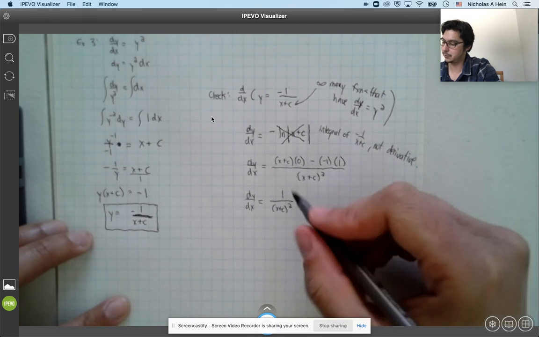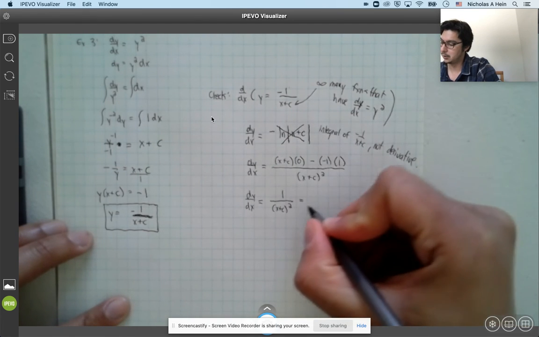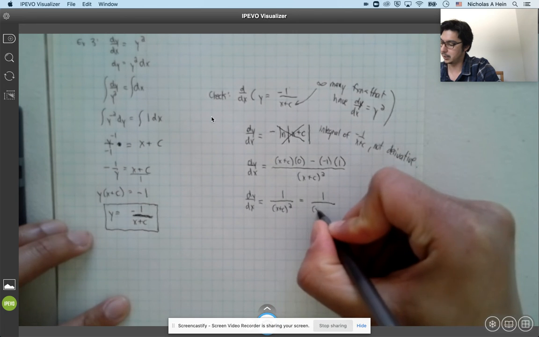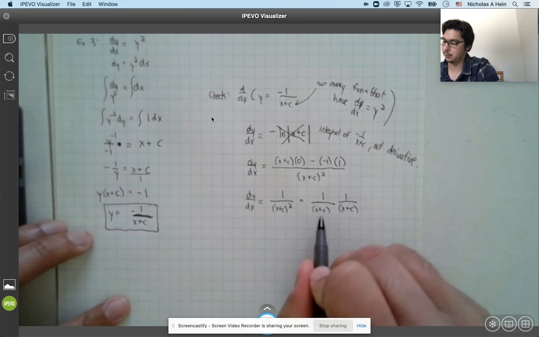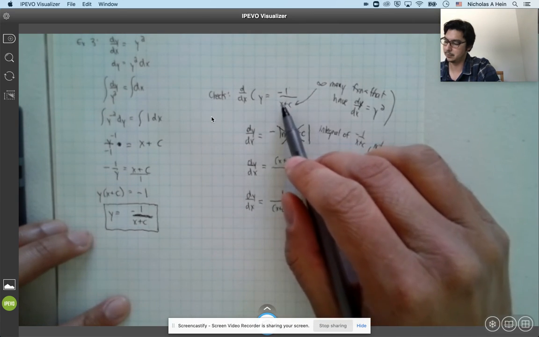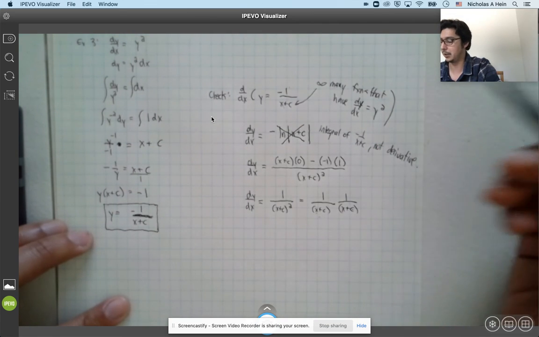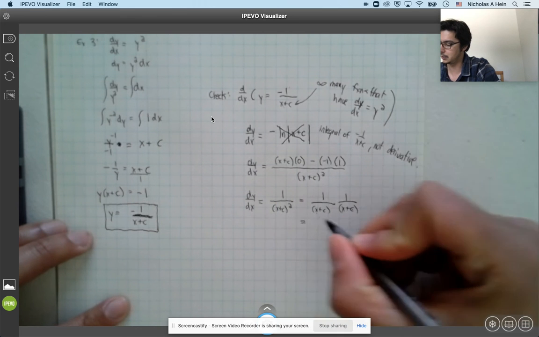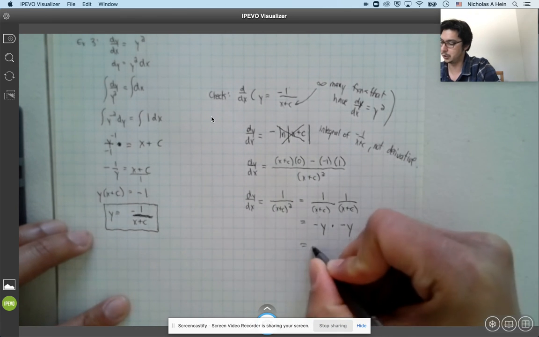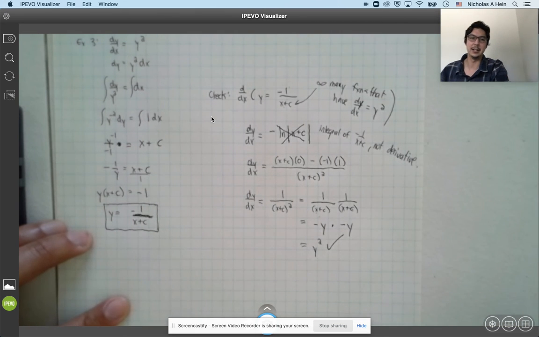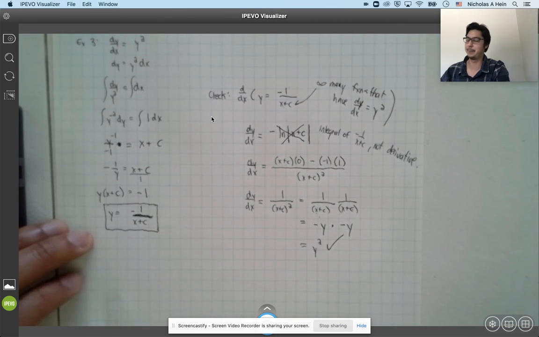Well, notice that we can rewrite this as 1 over (x plus c) times 1 over (x plus c). And 1 over x plus c is y, well, the negative version of it. So what we're going to get here is -y times another -y, which is equal to y squared. And thus, we got our same answer.